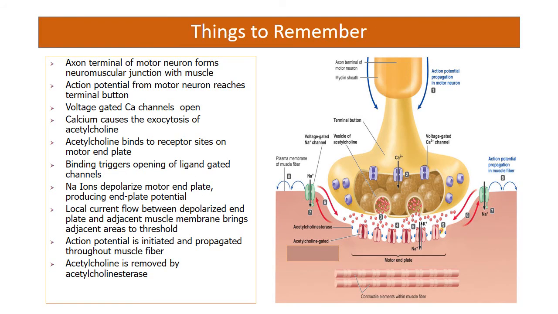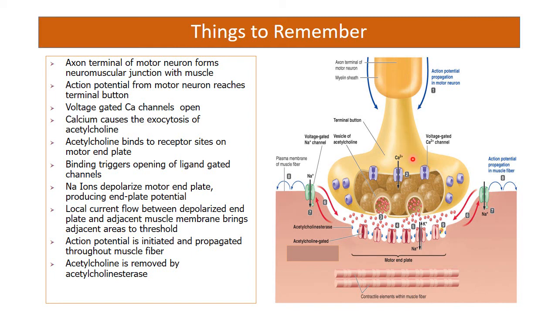This slide is for your revision, showing the sequence of events which causes transmission of the impulse through the neuromuscular junction. Now you know the axon terminal of motor neurons forms the neuromuscular junction with the muscle. First, look at the picture at number 1. Action potential from the motor neuron reaches the terminal button.